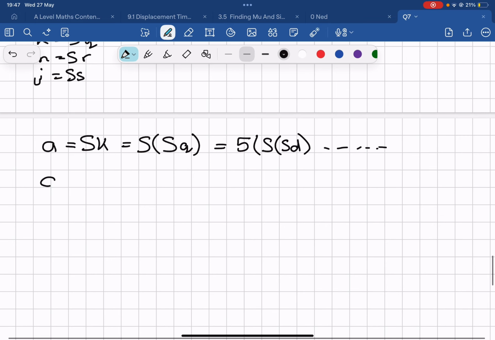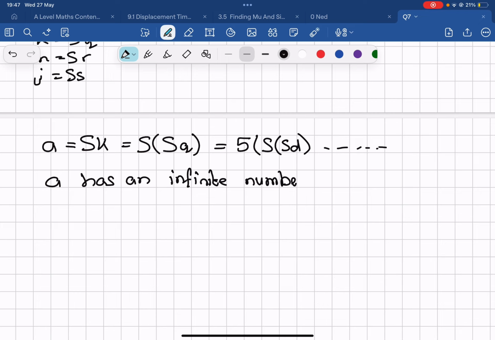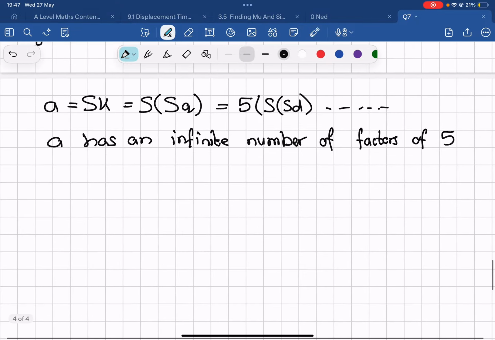So that means a has an infinite number of factors of 5. So what can the value of a actually be? Now using infinite descent, we can deduce that a can only equal 0, because we can have an infinite number of 5s dividing 0, 5 to the n, and we'll still get 0.